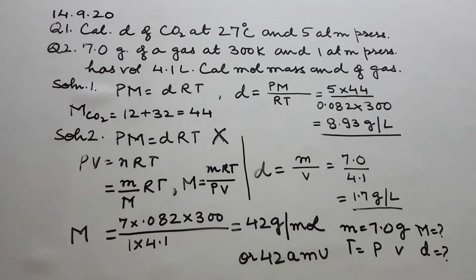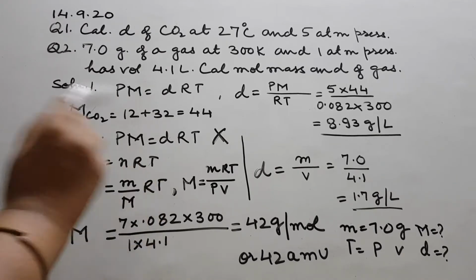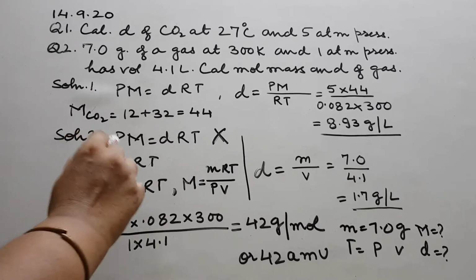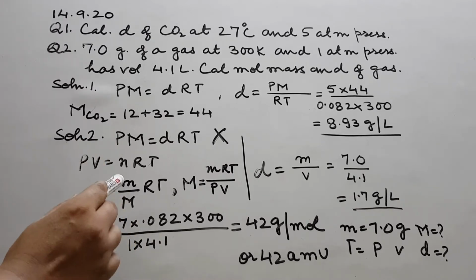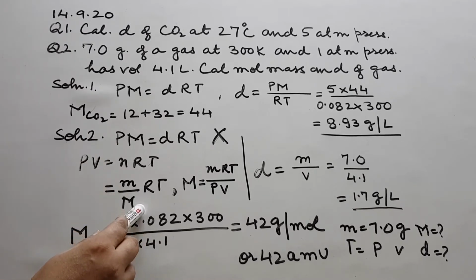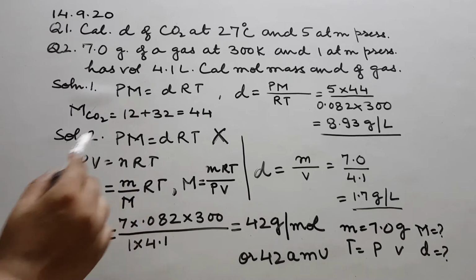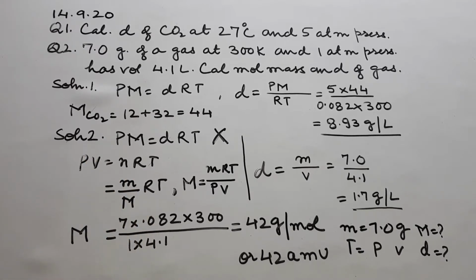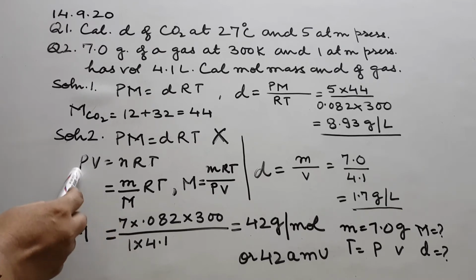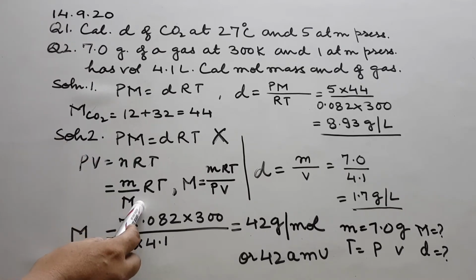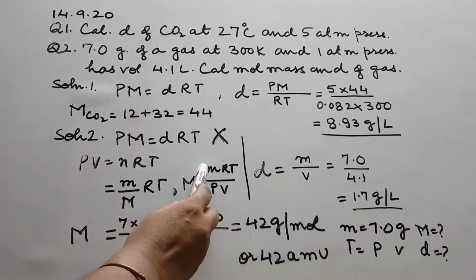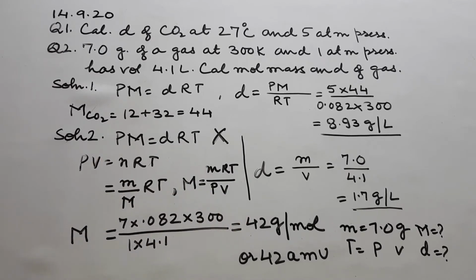I can use the other form of the ideal gas equation. PV is equal to nRT, and n I know very well is equal to given mass divided by molecular mass, so I put it here, and then RT. If they are asking me molecular mass, obviously M will go here and PV will come here. So M is equal to small m RT upon PV, right?